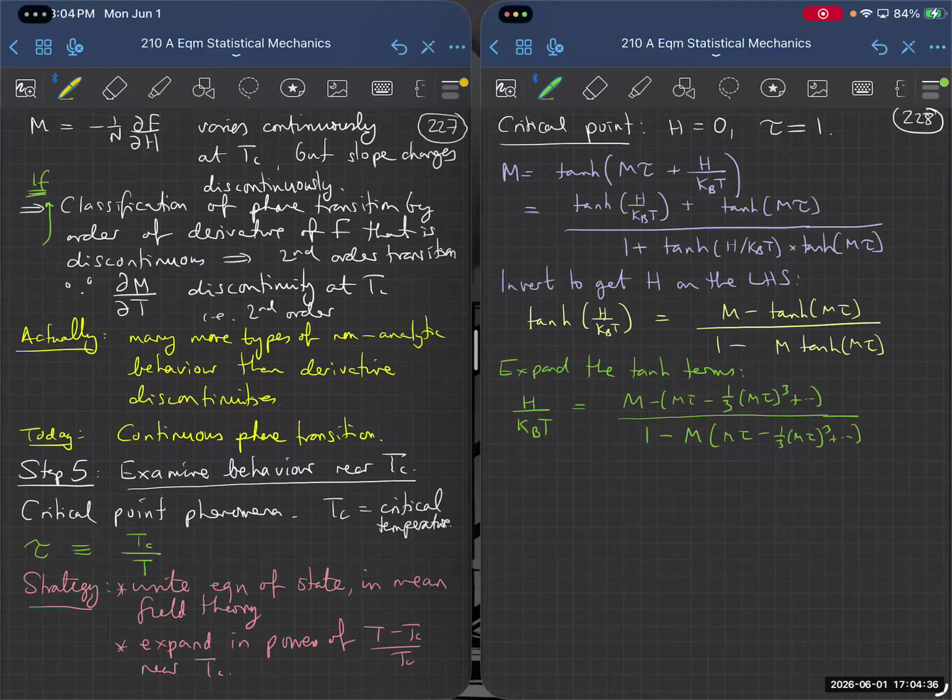I've got to divide those things, and if I do that, I get M into 1 minus tau plus M cubed into tau minus tau squared plus tau cubed over 3 plus dot, dot, dot. And so that's what that expansion is. So that's the equation of state near Tc.